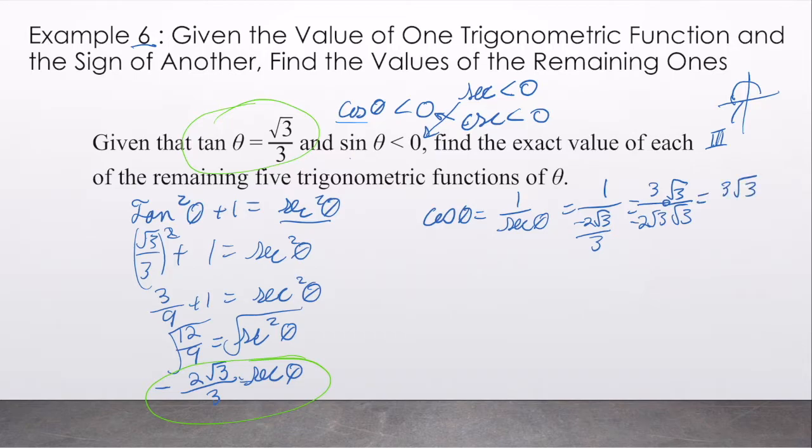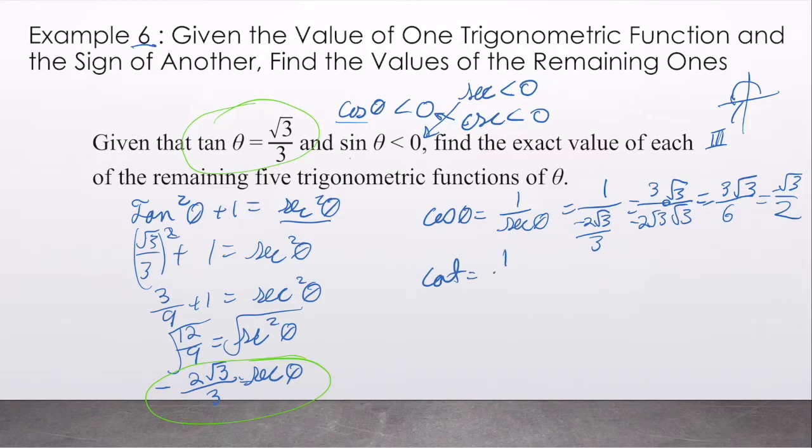So I get negative 3 square root of 3 over 6, which is negative square root of 3 over 2. And that is the same answer that we got when we were using the circle method.